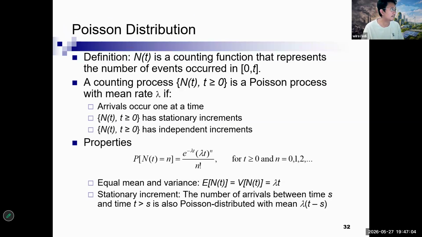This is often denoted as N(t), the counting function that represents the number of events that occur in the time interval 0 until t. Why is this important? Because many of the simulations involve understanding the counting of some variables in a period of time.